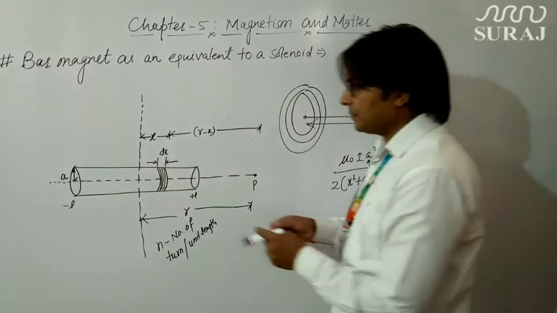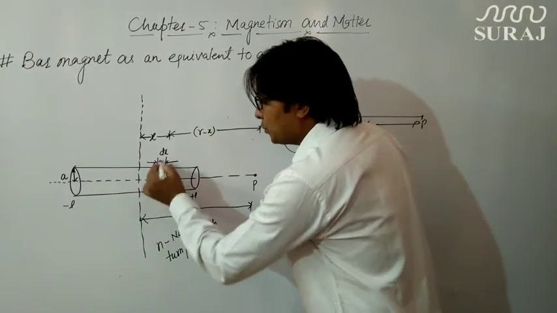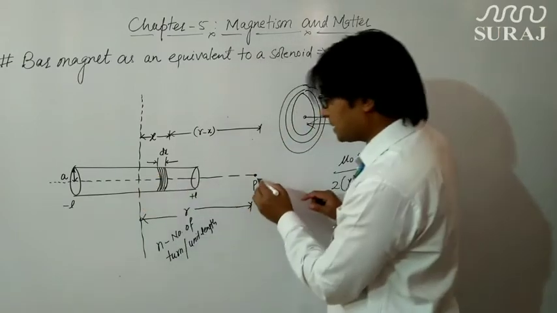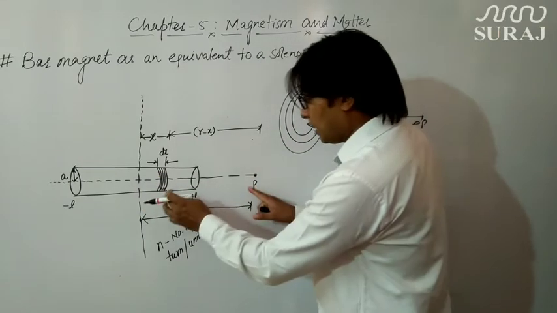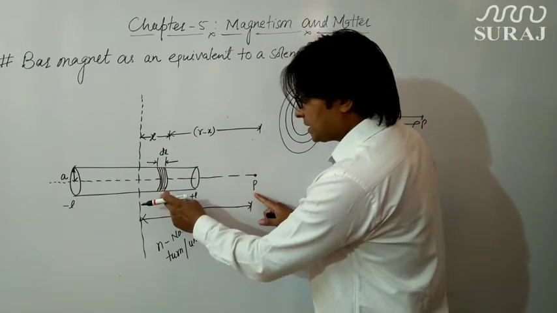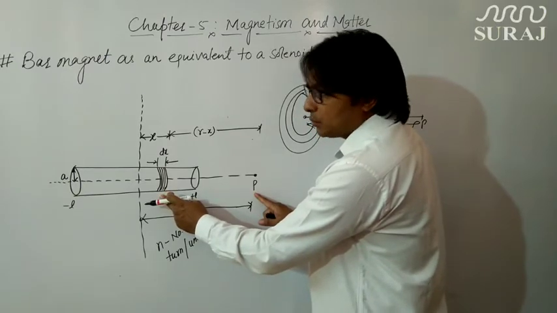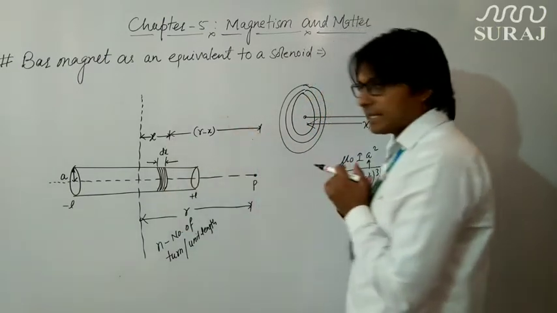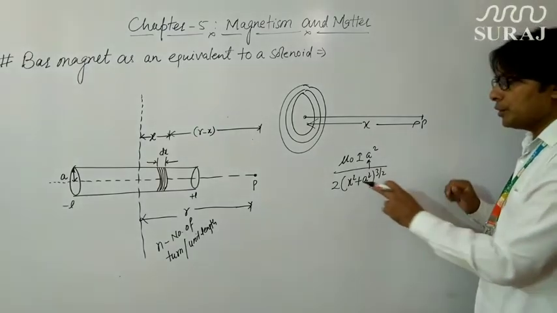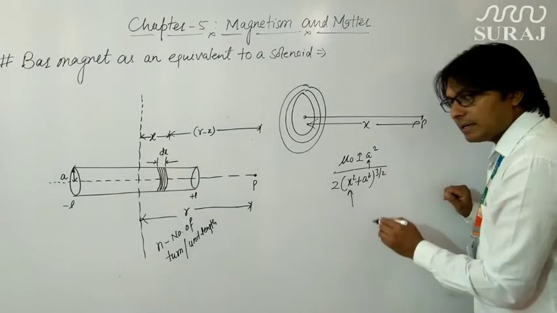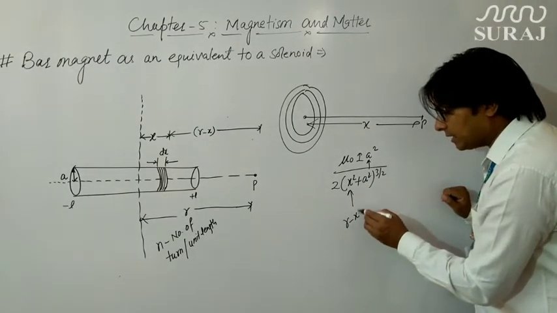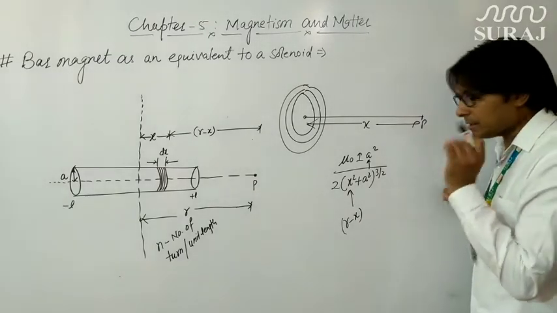You will say these are the loops, and this is the point on the axis. So how distant is this point P from these loops? You will say R minus x. So instead of using x, here we will use R minus x. So that you must remember.